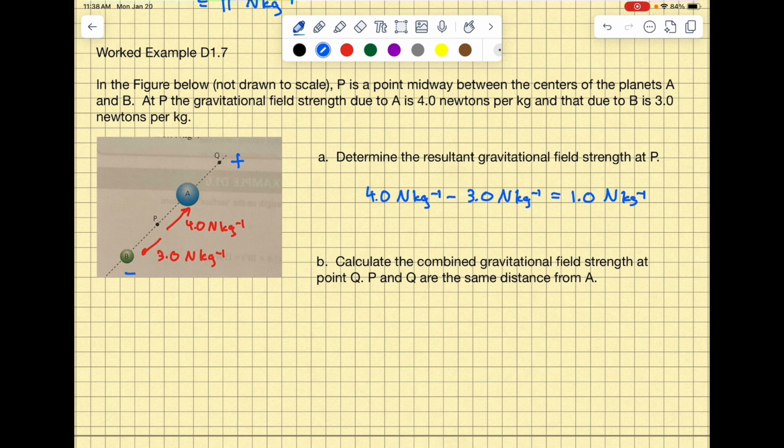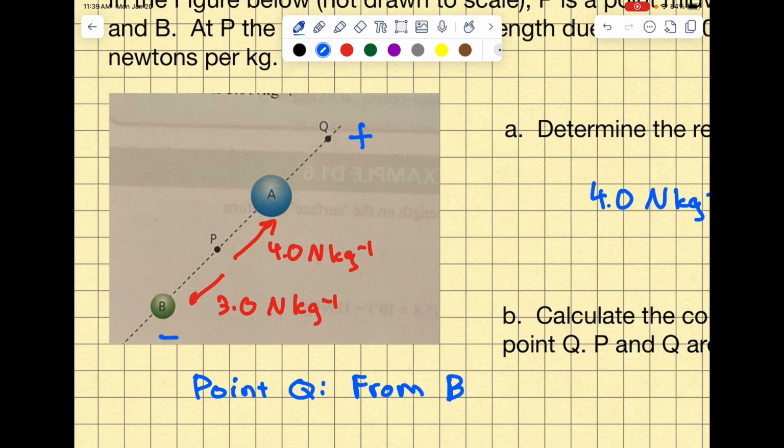Calculate the combined gravitational field strength at point Q. P and Q are the same distance from A. So now for point Q, here's where we have to apply some logic. At point Q, the gravitational field strength from B will be 1/9 as much as it is for point P. You'll notice that as I zoom in here, point Q is 3 times further away from planet B. So here's planet B, here's point Q. Point Q is 1, 2, 3 times further away from planet B than point P is.